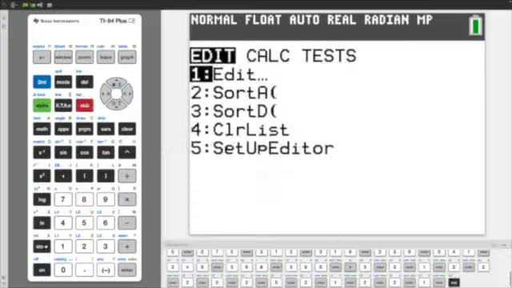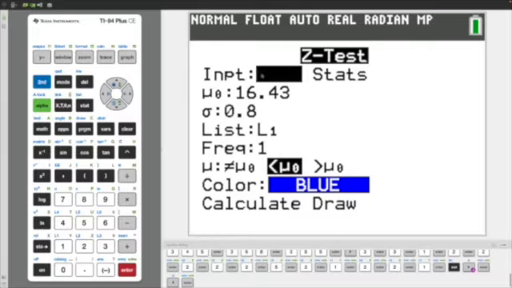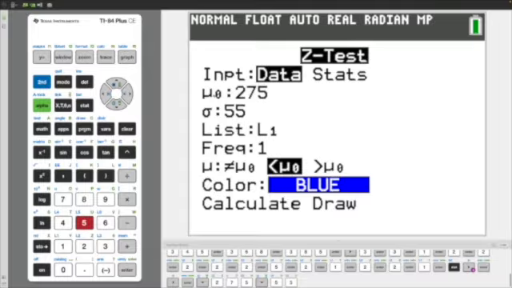So now I can go back to stat, over to tests. And again, it's a z-test because we know the population standard deviation. This time, we have the individual data points. Remember that this first spot here, mu sub 0, that is the number from our hypotheses, so that's going to be 275. Sigma was given to us as 55 pounds. Our list, our weights were in L1.